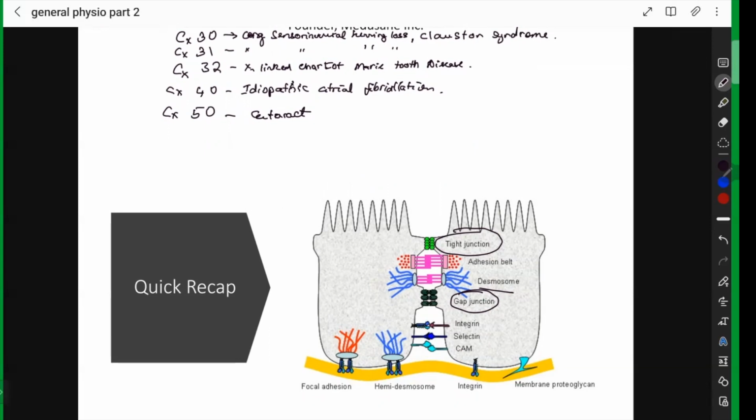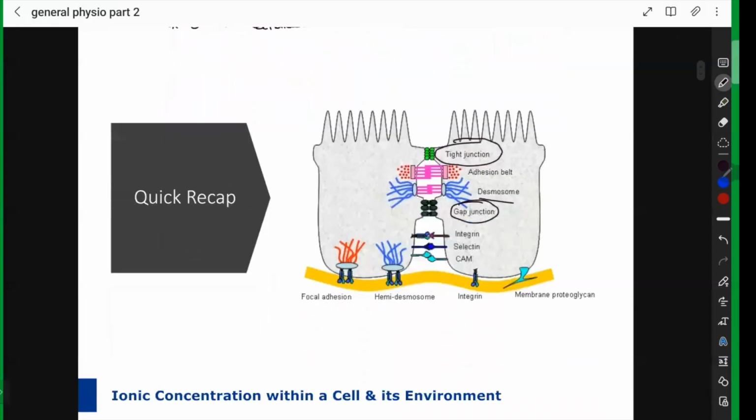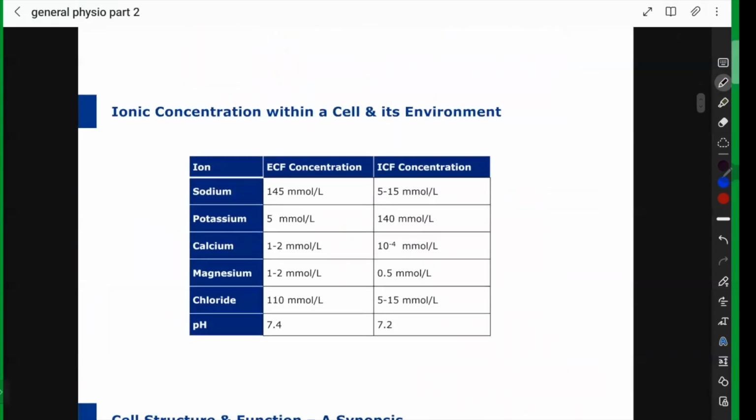This basically connects your basal lamina with your cells, so it has to be very strong. If it is not strong, that leads to the disease called, I think you all know, guys, bullous pemphigoid. Very simple. That's all.